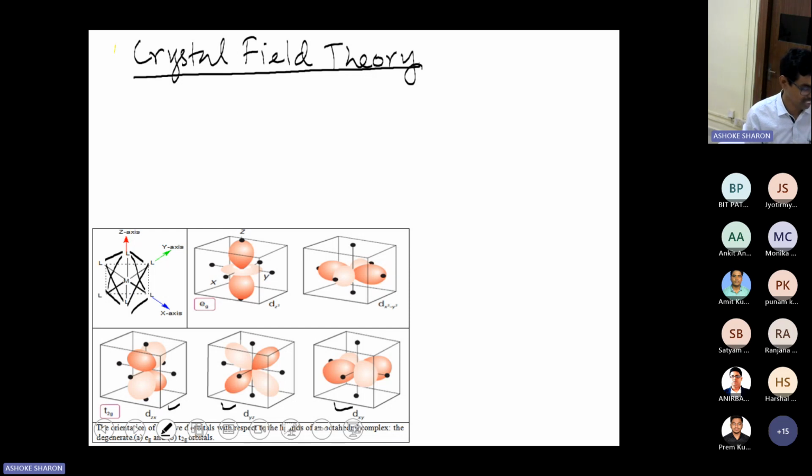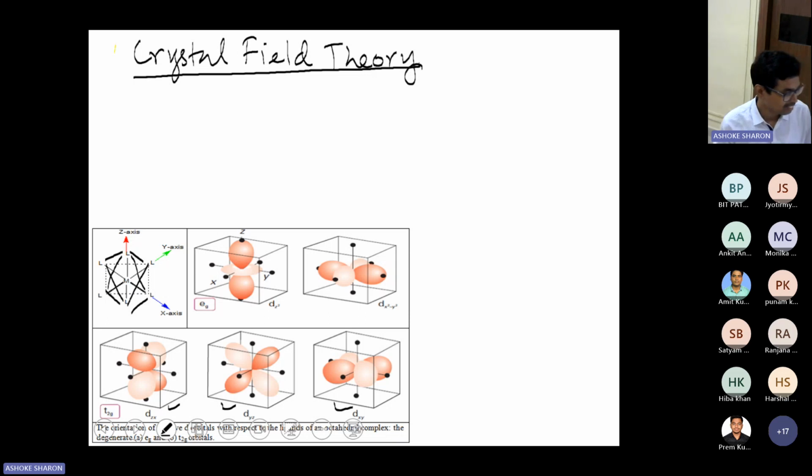Dxz or zx orbital means all four lobes are placed in the xz plane in a cubic arrangement. Similarly, yz and xy represent their orientation in the corresponding plane.